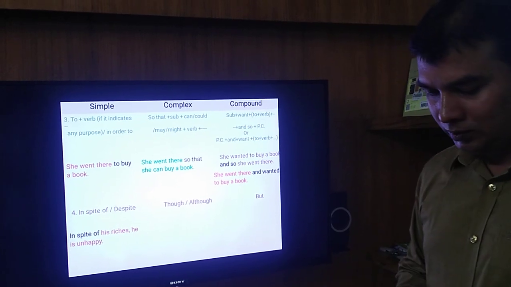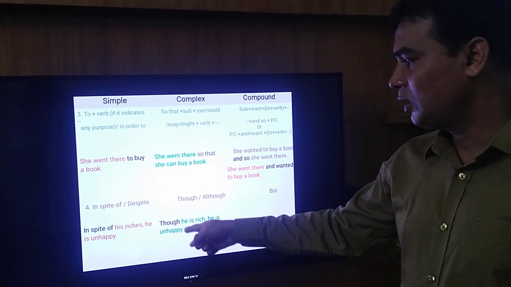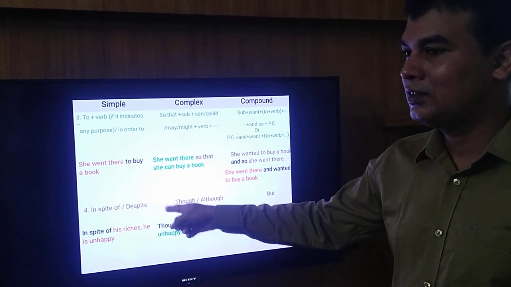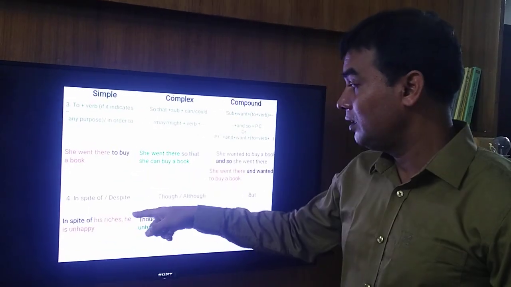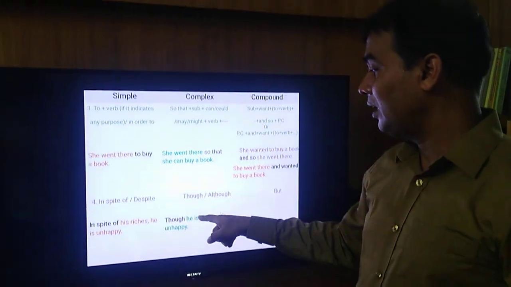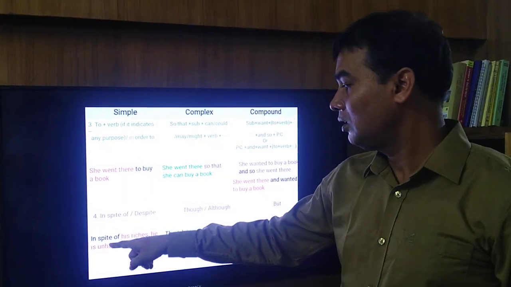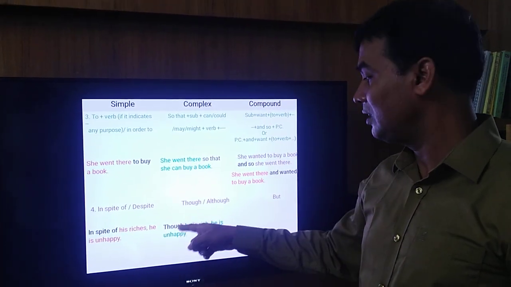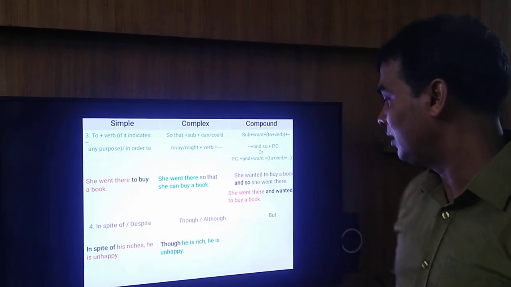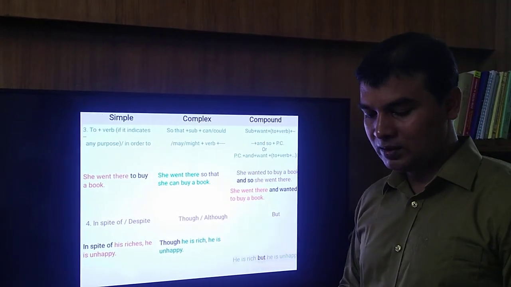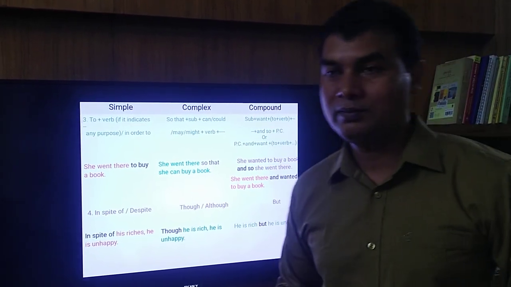Although or though he, subject, because "though" here is a subordinate conjunction, and then you have to write down the subject, and here the subject is "he", and then the verb, here the verb is in present tense, so after "he" we should write down "is": although he is rich, he is unhappy. And in a compound sentence: he is rich but he is unhappy.